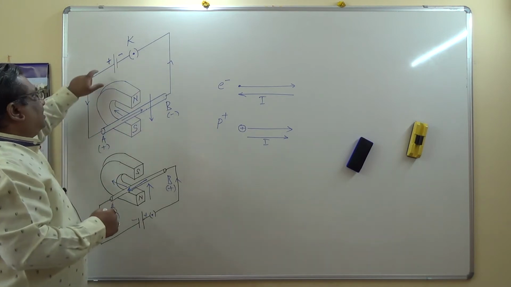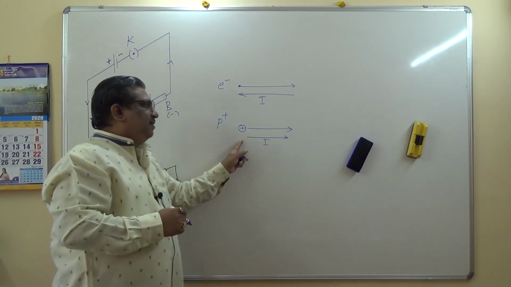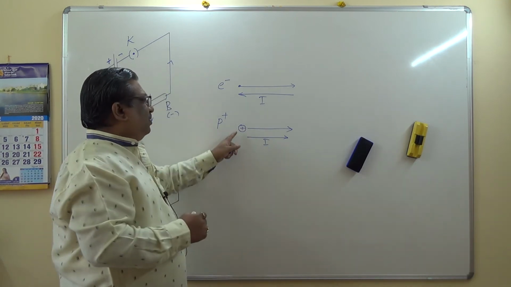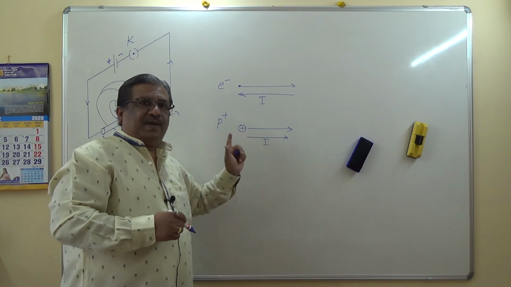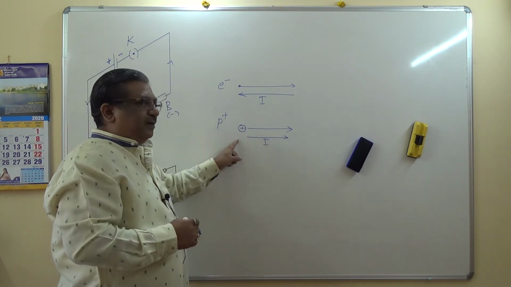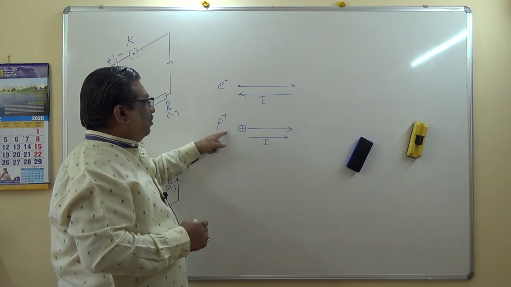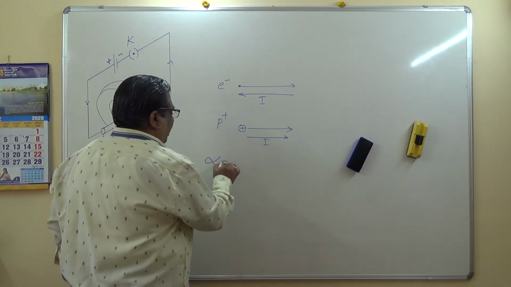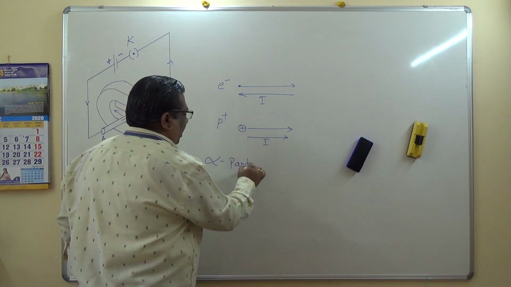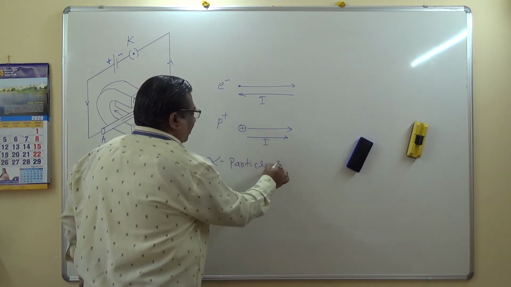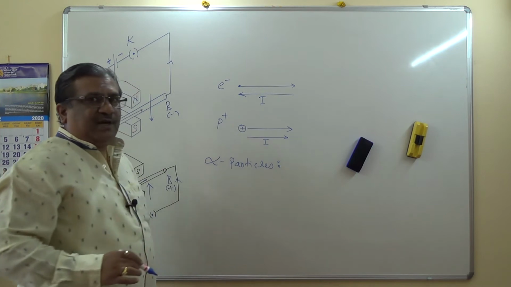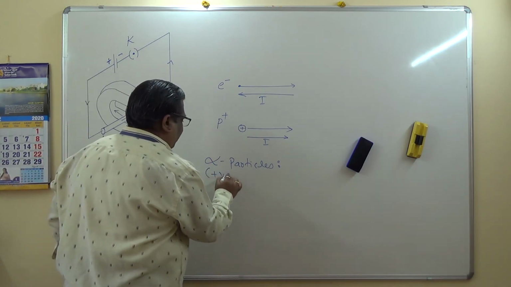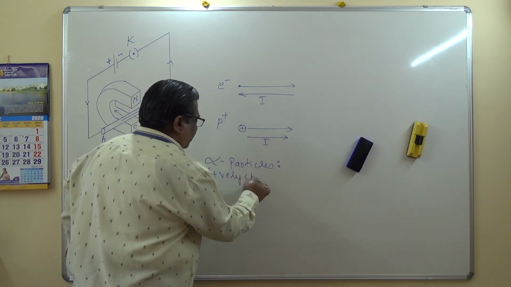Conventionally, the direction of electric current is in the direction of the motion of positively charged particles, which are protons here. One more thing: alpha particles. Alpha particles are doubly charged helium ions, which are positive charges. Therefore I'll write here: alpha particles are positively charged particles.